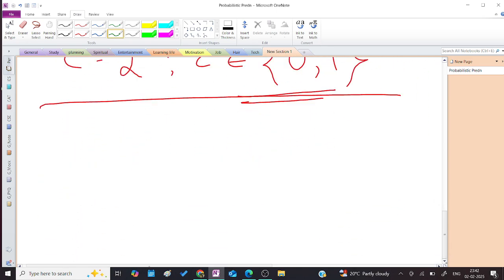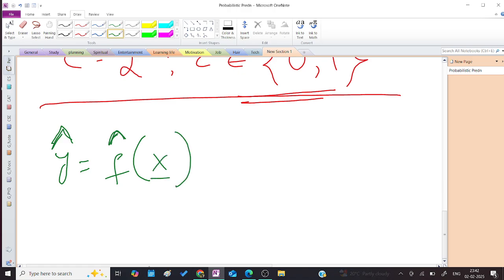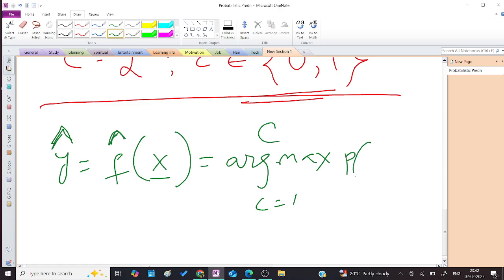So mathematically we can write that as y hat, the predicted y, equals f hat, which is equal to arg max over c of p(y equals c given x, D).